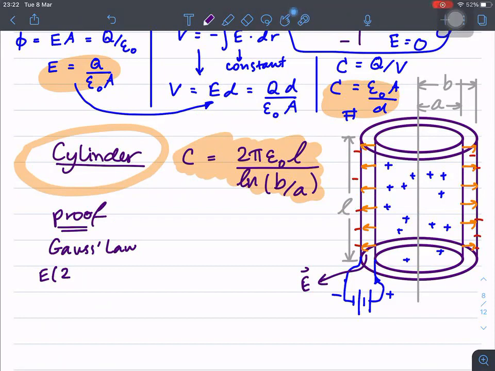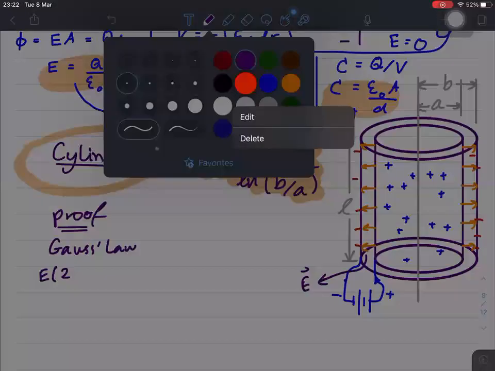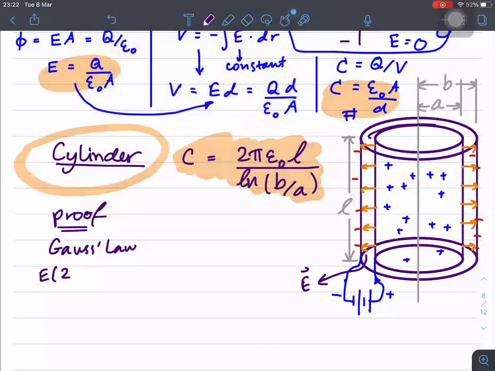So if I consider the Gaussian surface, let's say the Gaussian surface is made from a cylinder of radius r.